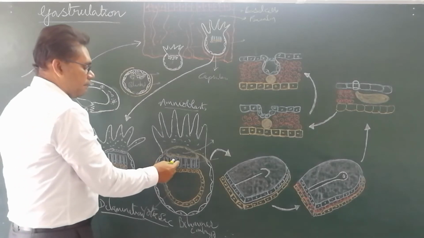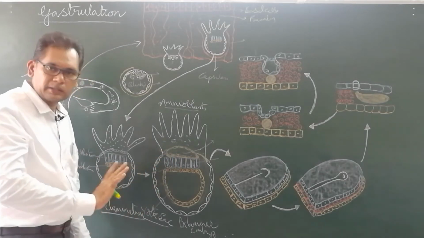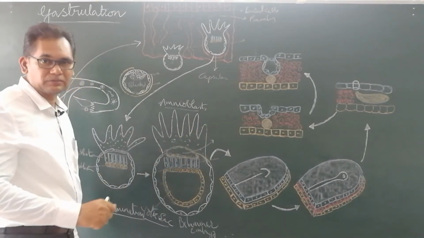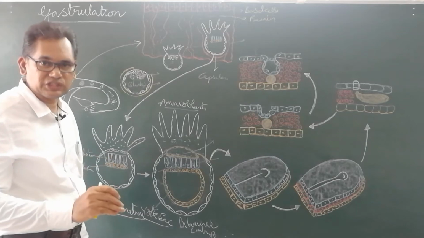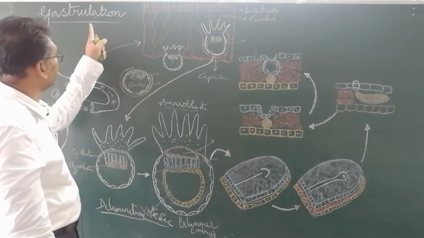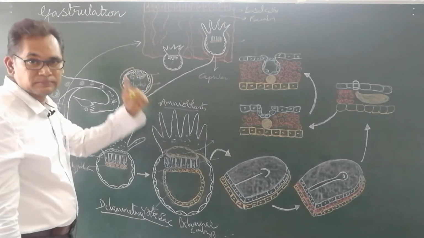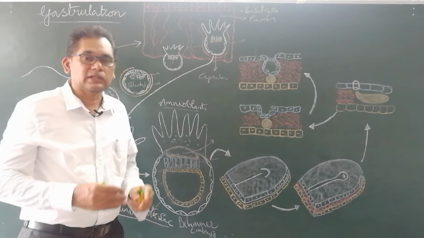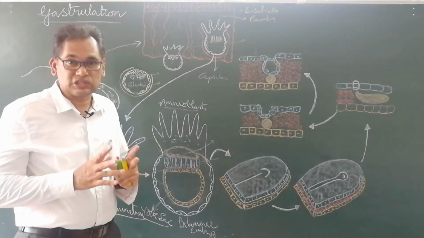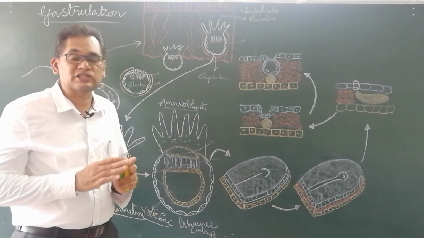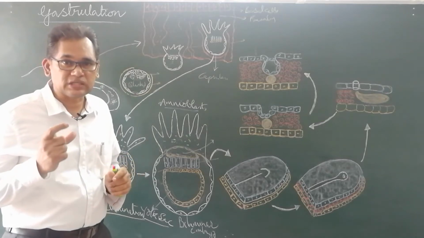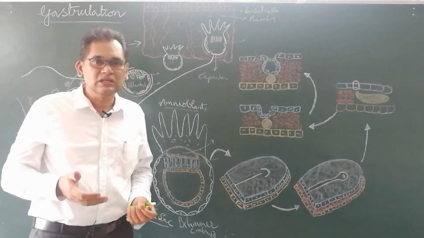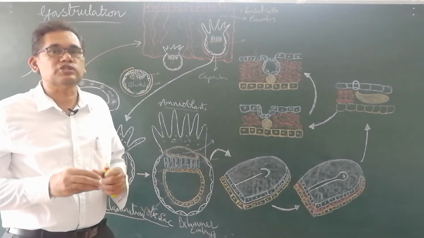Now, such a bilaminar embryo will further undergo differentiation. That process of differentiation is what we study under gastrulation. Gastrulation is a dynamic process, in the sense that it is always undergoing some changes.